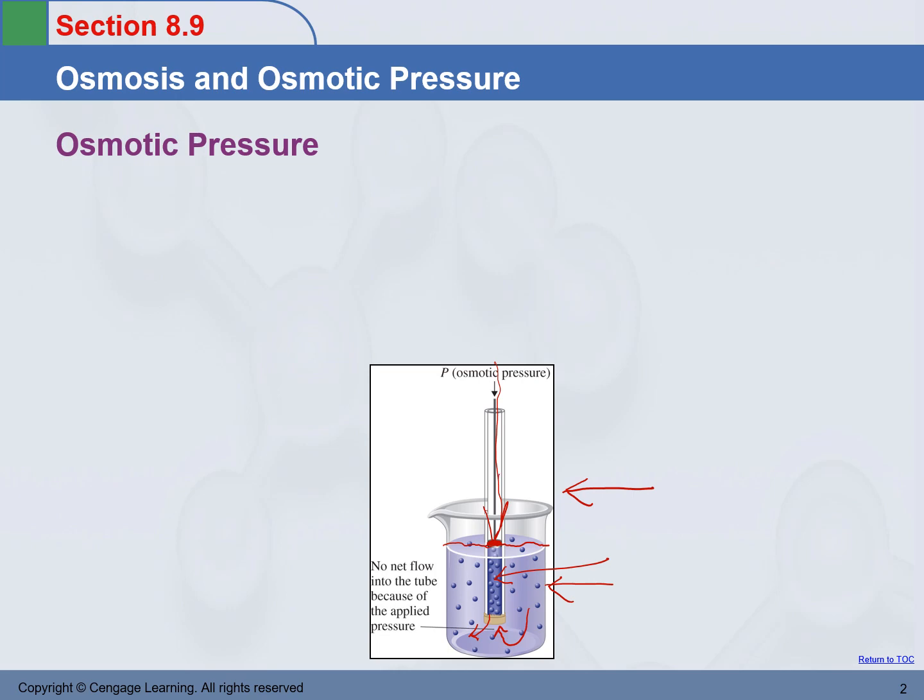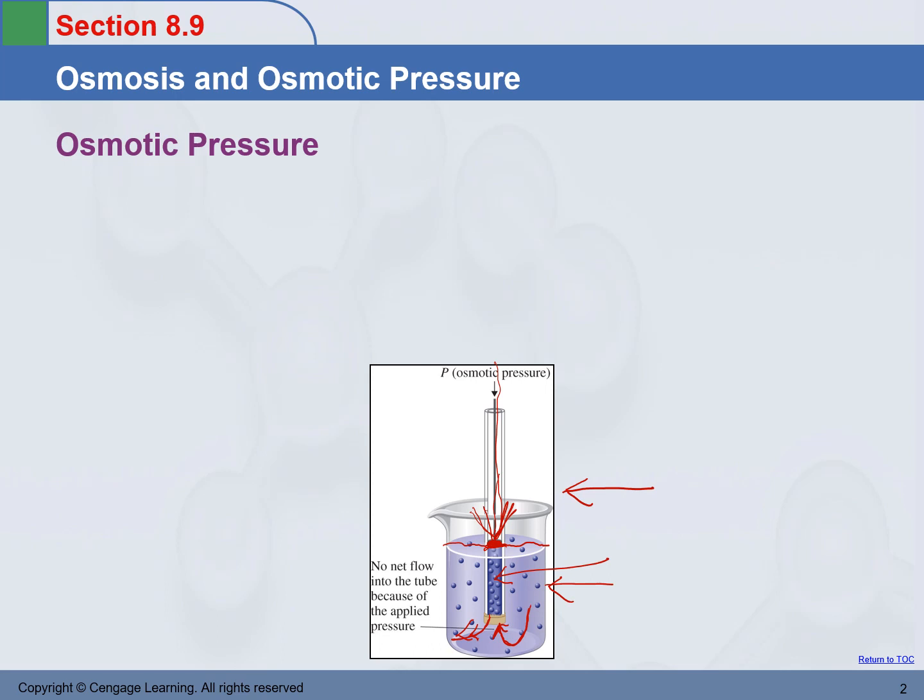If the pressure is high enough at some point so that the water will be flowing out of the tube at an equal rate as the water flowing into the tube, then you are not going to see any net flow of solvent back and forth. The surface inside the tube will stay there forever.